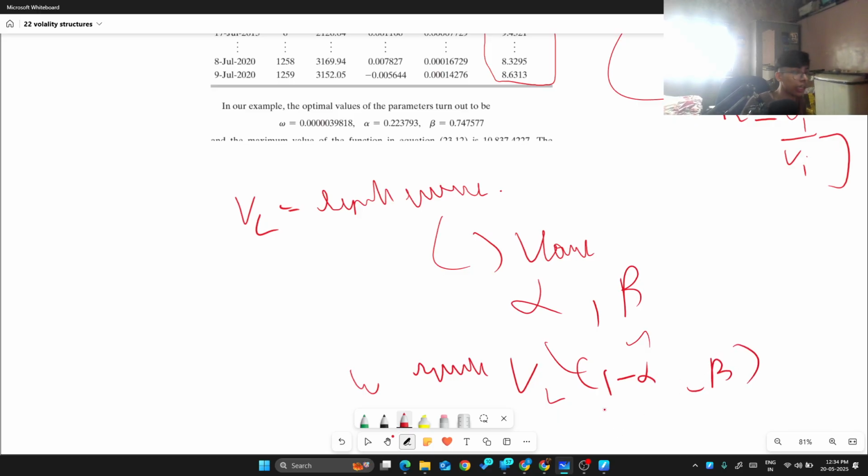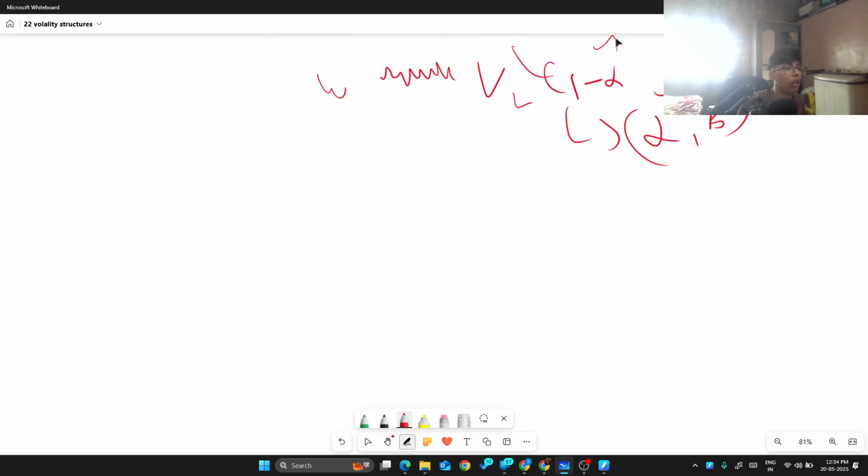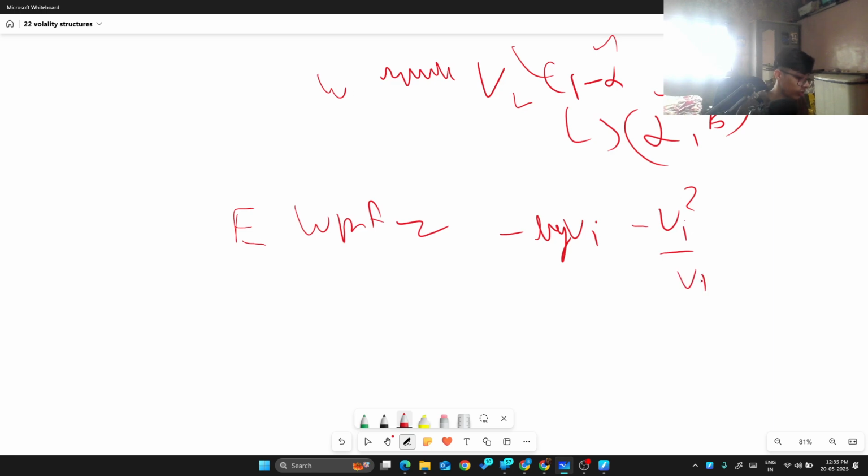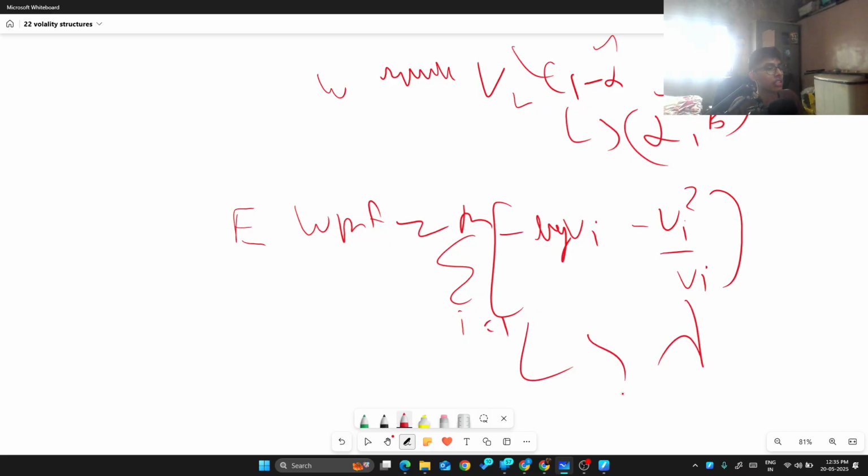The two parameters are estimated from historical data. For the exponential moving average, our objective function is the negative of log v_i minus u_i squared upon v_i, and we find the value of lambda such that this estimator is maximum, which is 0.9182.